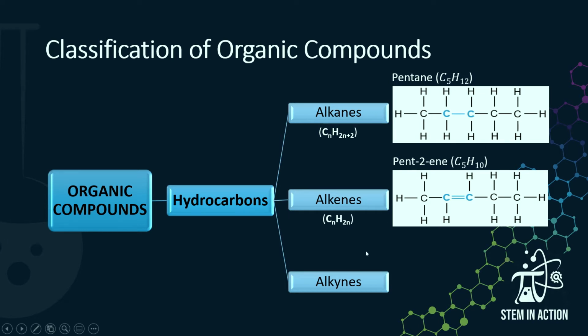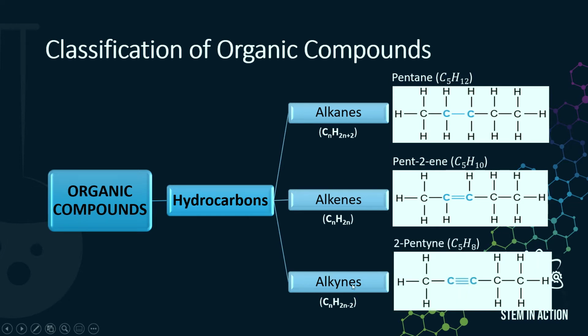And thirdly, our alkynes, and the general formula is CnH2n-2. And as you can see, moving from alkanes to alkenes to alkynes, we are removing 2 hydrogens each time we move down. An example that we get there is 2-pentyne, where the 2 is identifying the position of the triple bond.